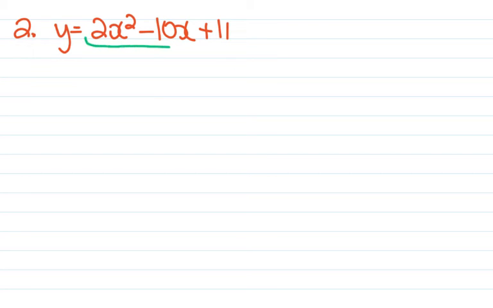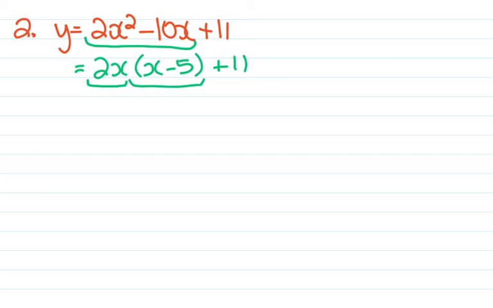That means we're going to look at the first 2 terms and see what we can factor out. So we could take out a 2 and an x. So we'll be left with x minus 5. And then that 11 still there on the end. So I'm going to take the first 2 sections and set them equal to 0. 2x equals 0 and x minus 5 equals 0.